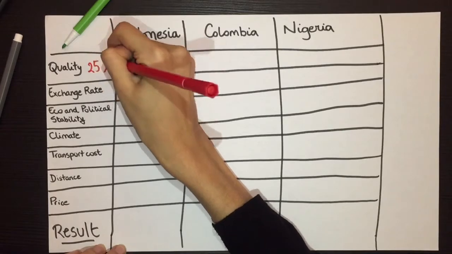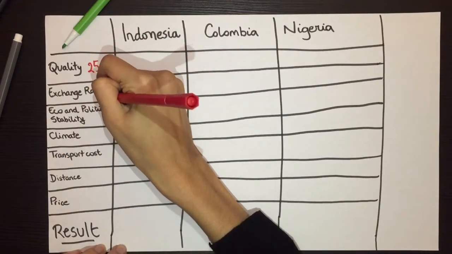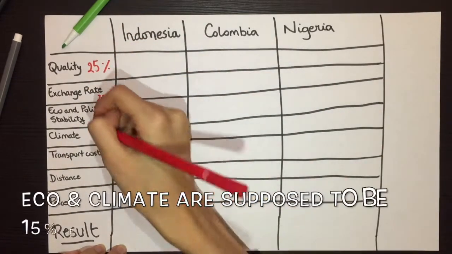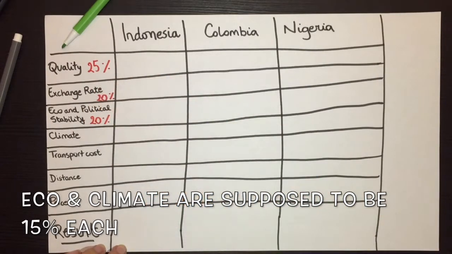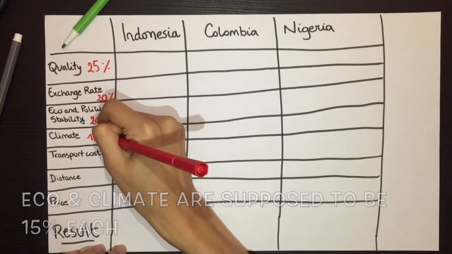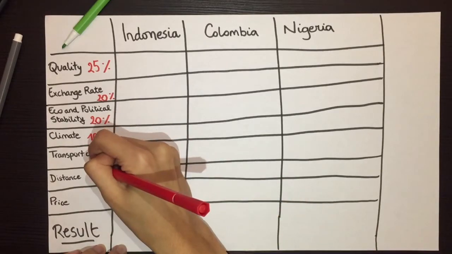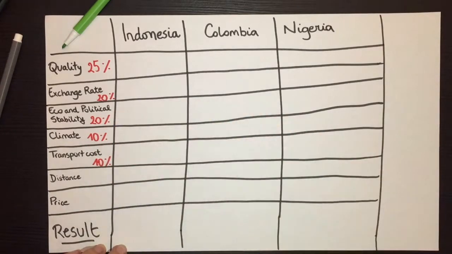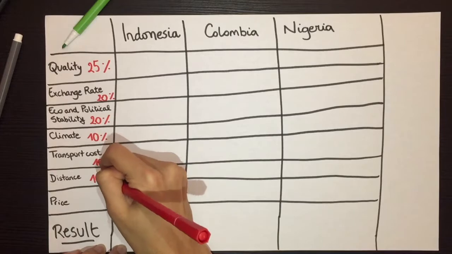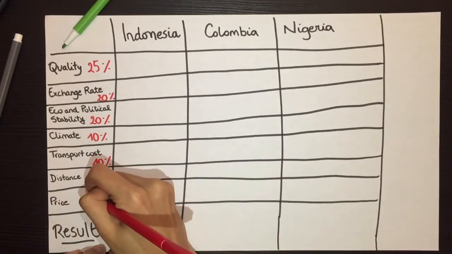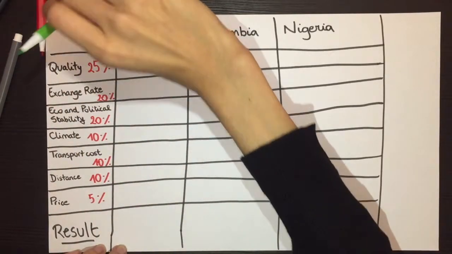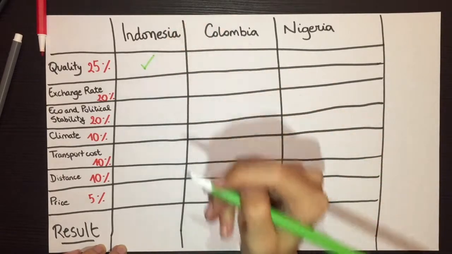So each country having its forces and weaknesses, we have weighted some criteria according to our priorities. So we have the quality with 25%, exchange rate with 20%, economic and political stability with 15%, climate 15% as well, transport cost 10%, distance 10%, and price 5%.